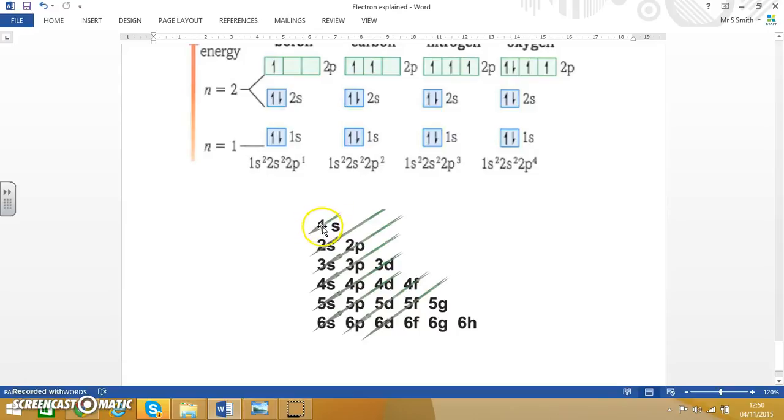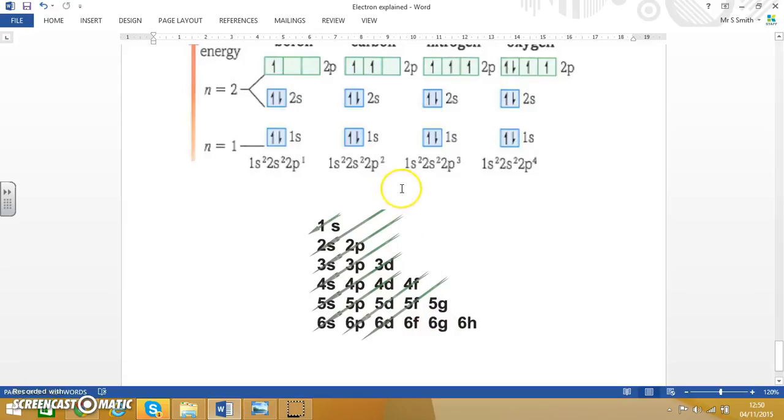So we have the 1s subshell, the 2s, 3s, 4s, 5s, 6s. And then we come on to the p subshells, 2p, 3p, 4p, 5p, 6p, 3d, 4d, 5d, 6d, 4f, 5f, 6f, 5g, 6g. And how do we fill them up?